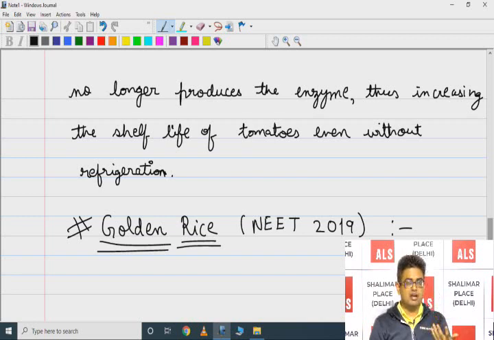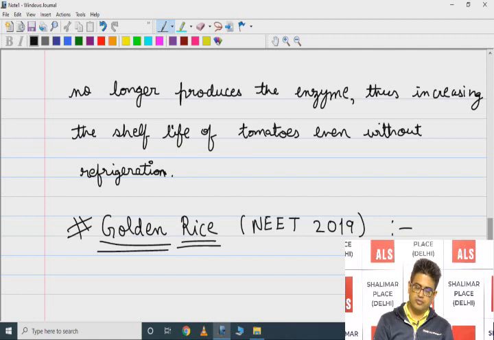It happens very rapidly in our body, not in the plant body. The carrot pigment is rapidly converted into vitamin A, which is a very vital pigment for our vision. In rods and cones, we use the visual pigment rhodopsin, and for that we require vitamin A. Deficiency of vitamin A causes night blindness.